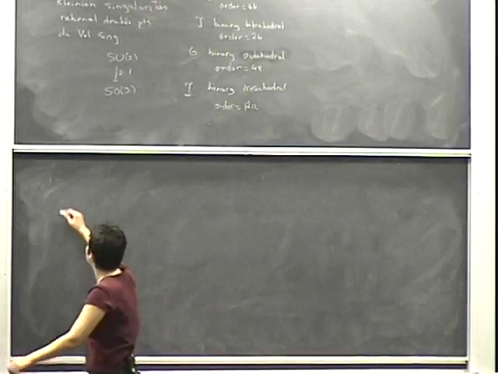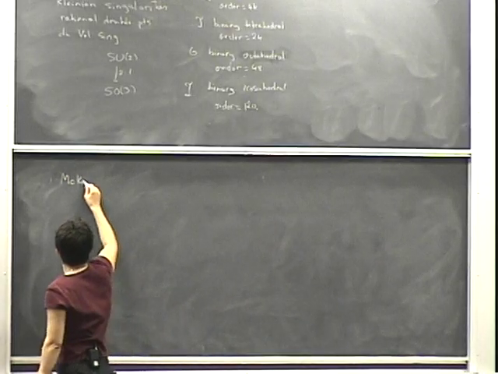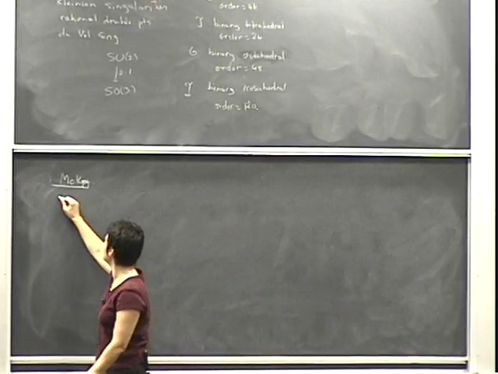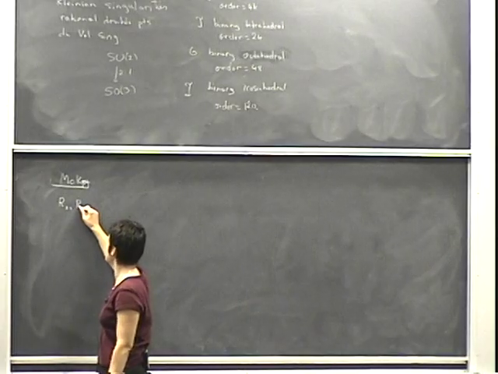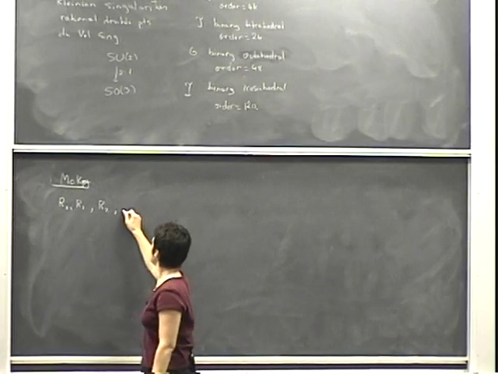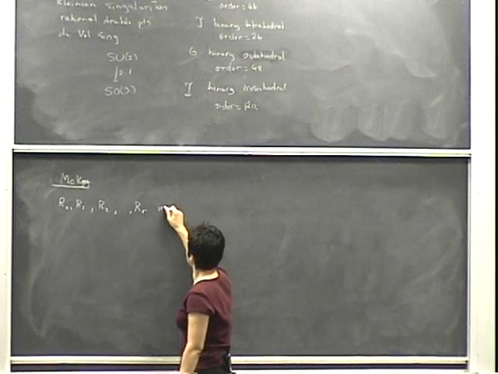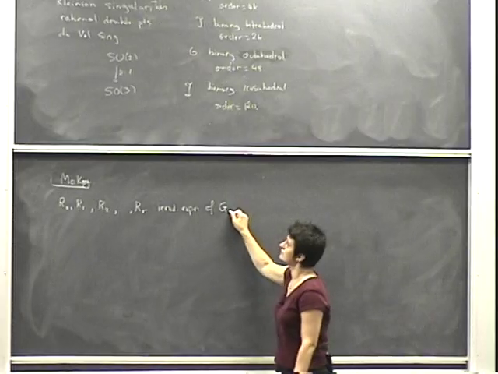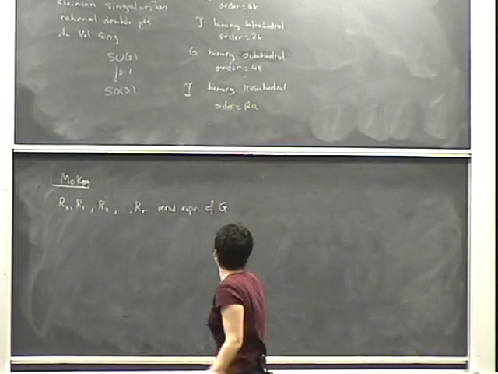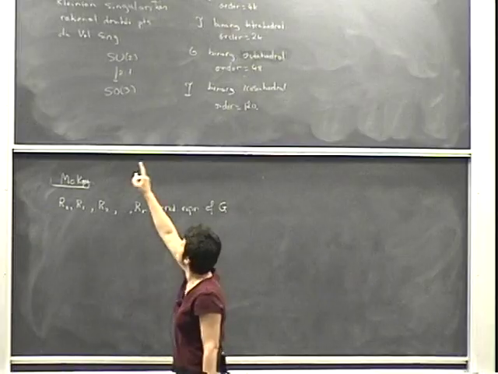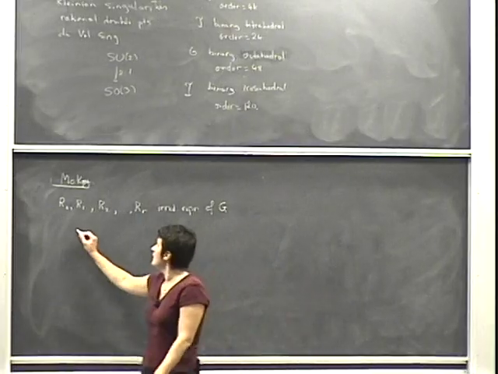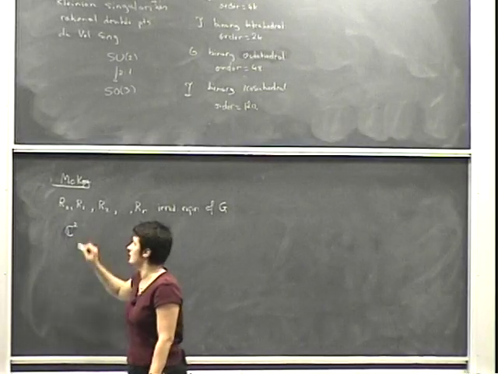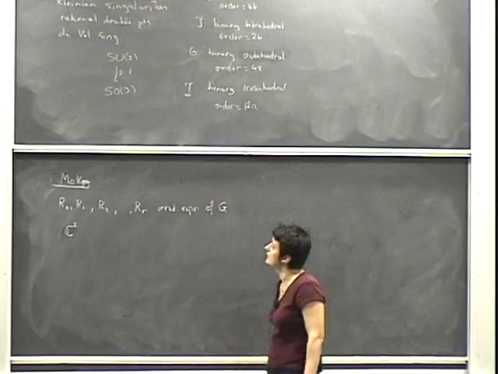Here came McKay, who said, if we look at the irreducible representations of G, because G is a finite subgroup of SL2C, then G has a 2-dimensional representation coming from that inclusion.